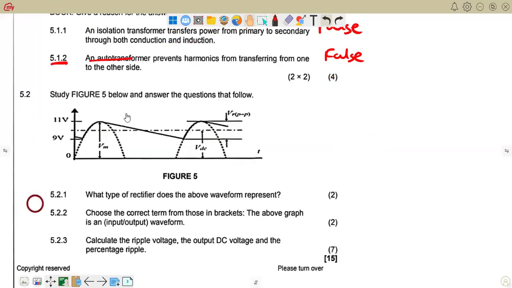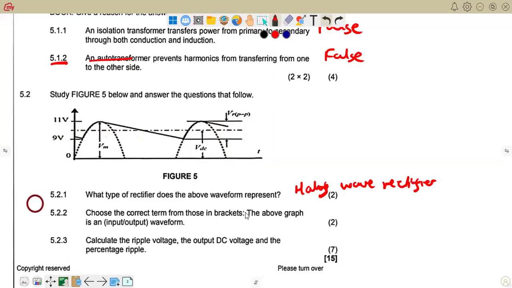The next question says, study figure 5 below and answer the questions that follow. What type of rectifier does the above waveform represent? It represents a half-wave rectifier. It's a half-wave rectifier circuit with a capacitor filter.